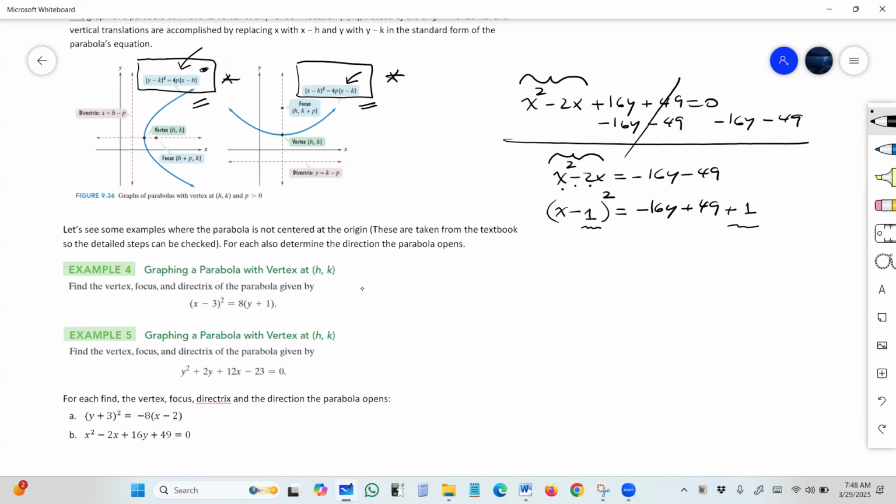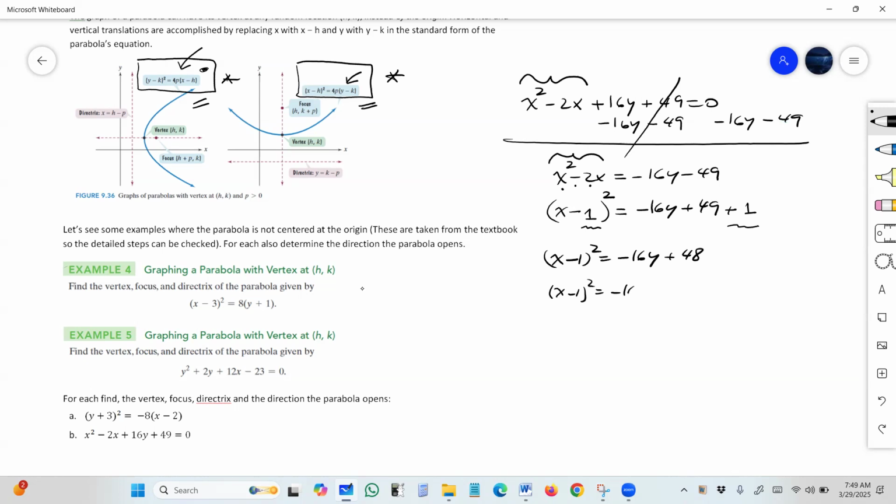So now my work on the left side is done. I'm going to simplify the right side, and then you're going to factor the GCF out of the right completely. Don't try to pull a 4 first.